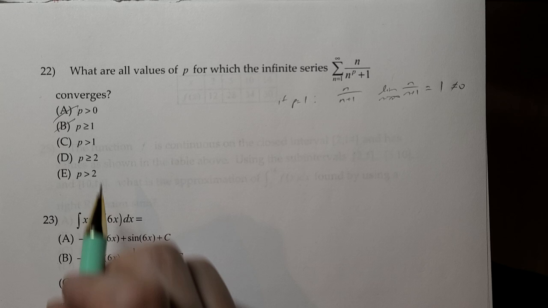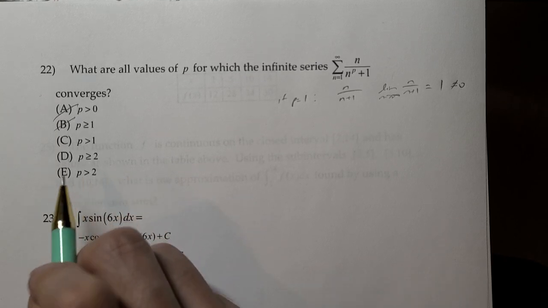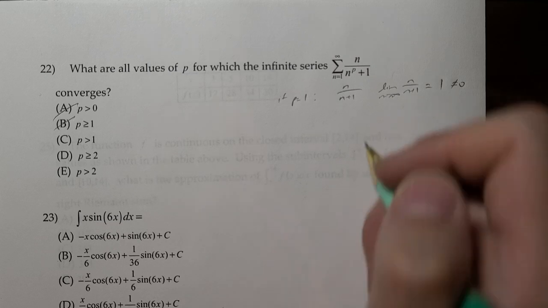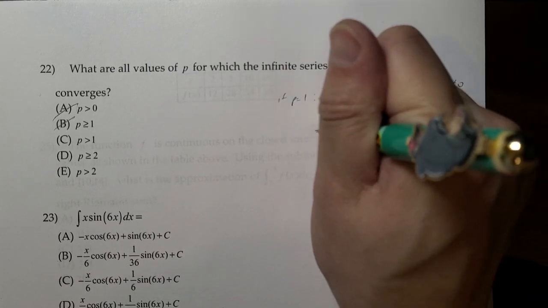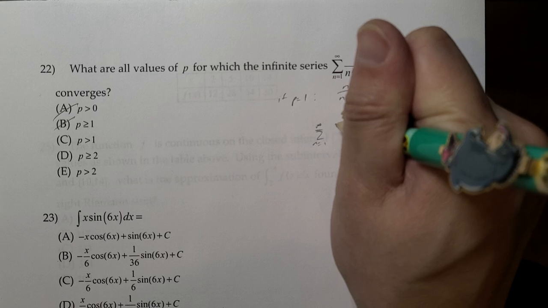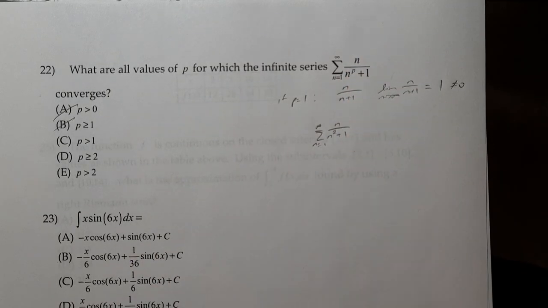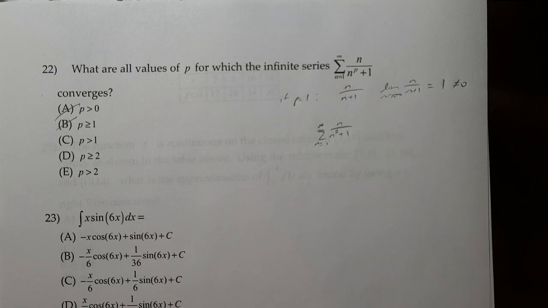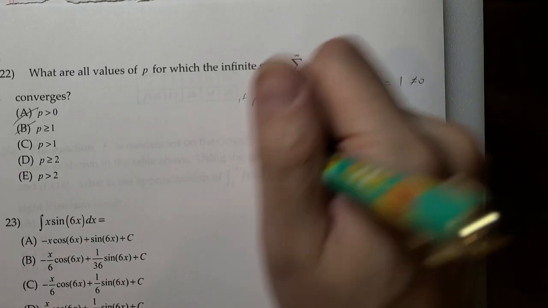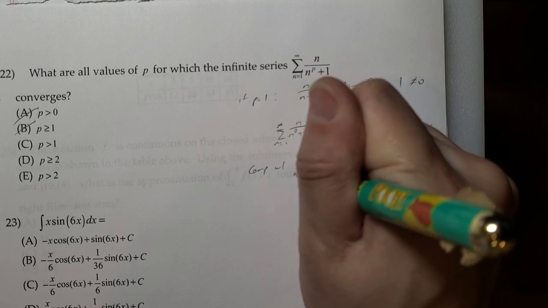Okay, now what about 2? Does it include 2? Okay, so it would be summation n goes from 1 to infinity, n over n squared plus 1. I believe this would diverge. So if we do the limit comparison test, we compare with the harmonic series.